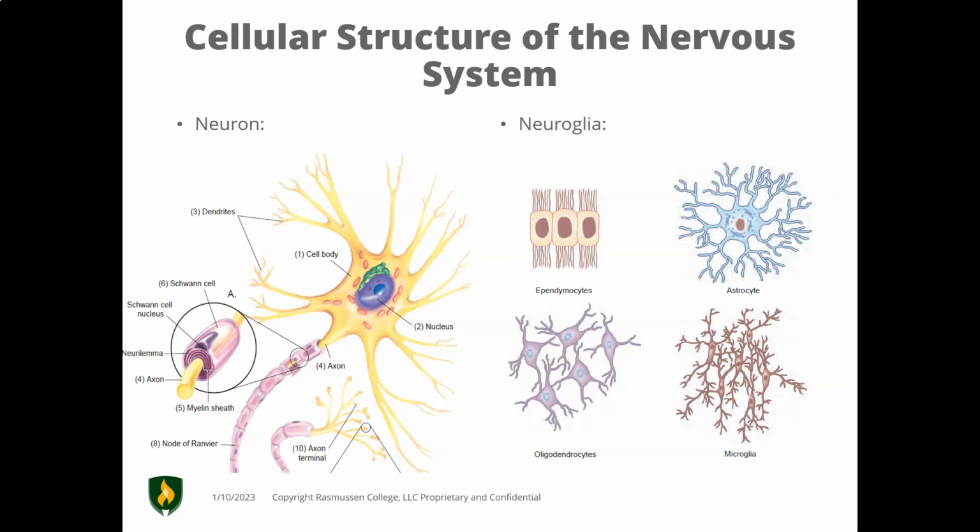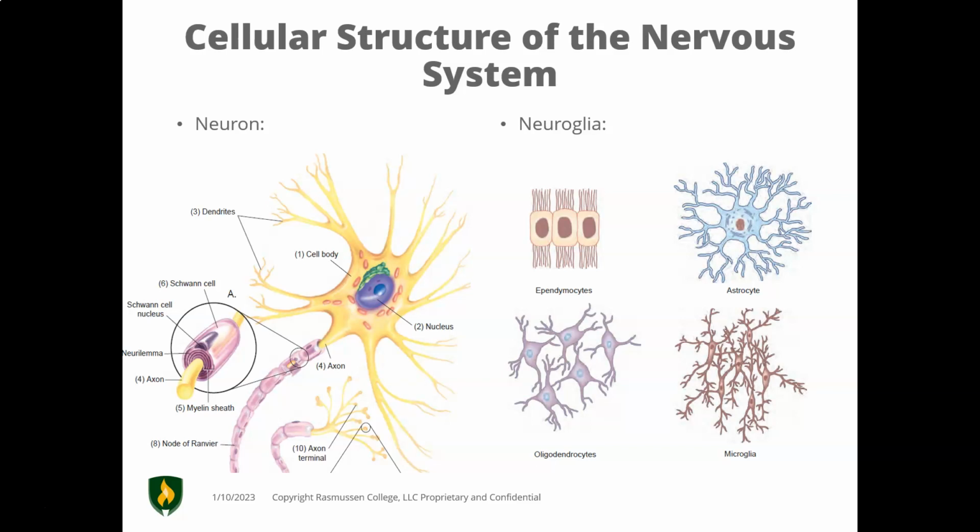Neurons also have three major cell structures. They have a cell body, an axon, and a dendrite. Neuroglia are cells that support the neurons, and they bind them to other neurons or tissues. They do not transmit any impulses, but they do provide a variety of activities essential to the proper functioning of the cell.